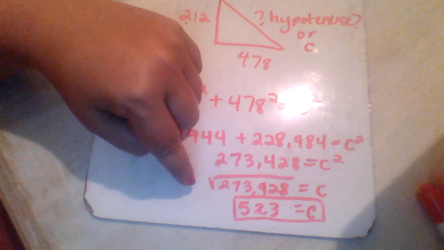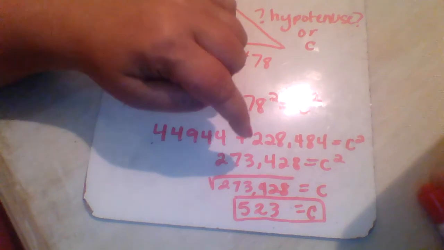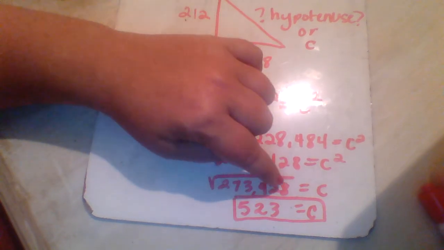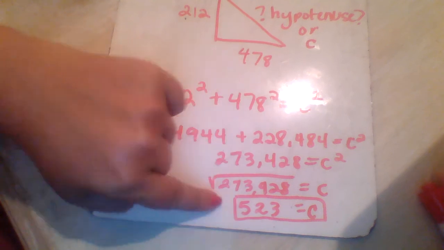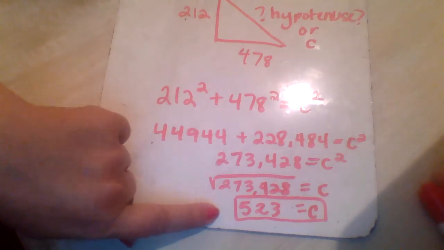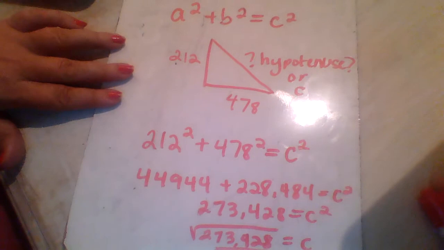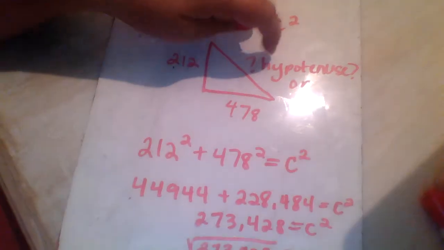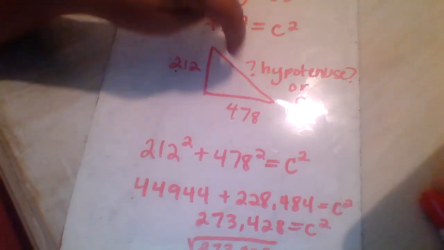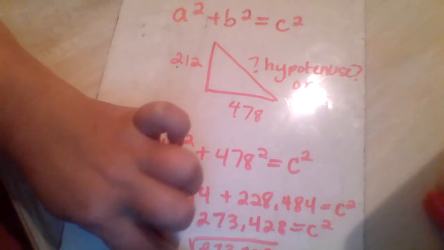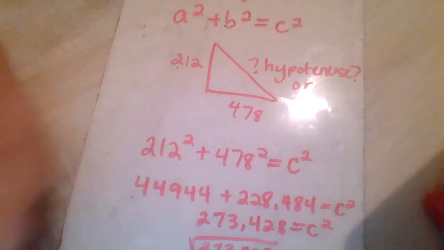And we could just use a calculator there to take the square root of 273,428, and we will find that that is 523. So we would know then that c, or our hypotenuse, is actually 523 feet.